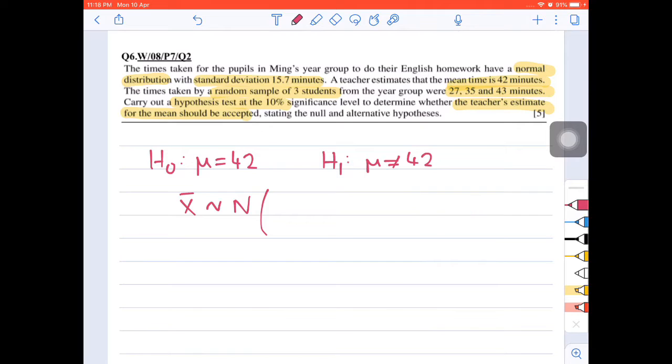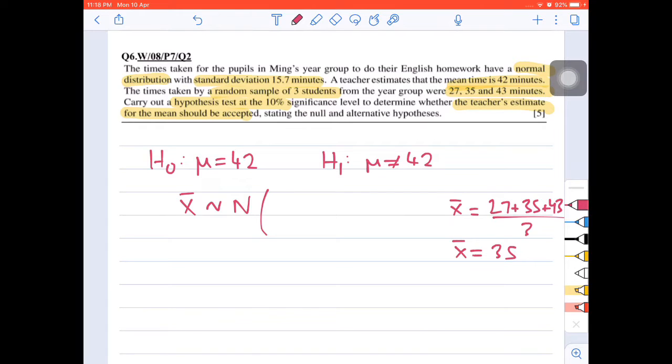So x bar is 27 plus 35 plus 43, so the mean will be 35, because the sample mean is an estimate of the population mean, as we did in sampling and estimation.